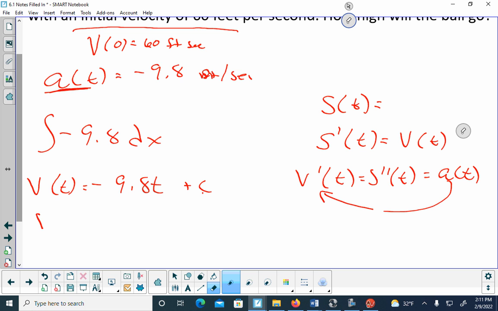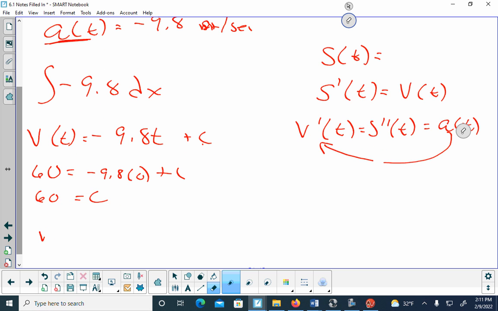Yes, so v of 0 is equal to negative 9.8 times 0 plus c, so c is equal to 60. So my velocity function is going to be negative 9.8t plus 60.